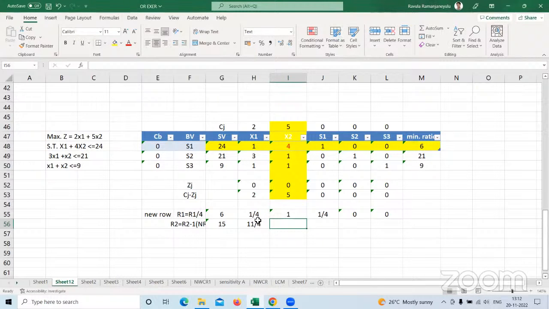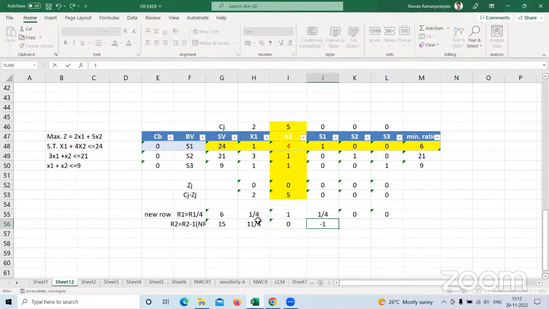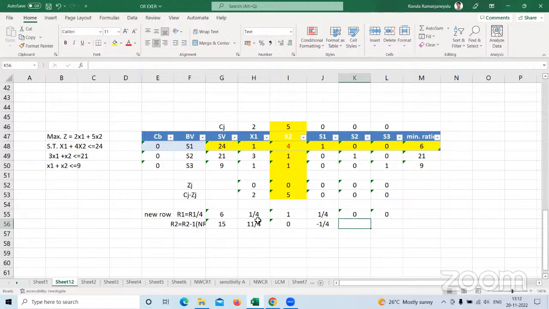Then 1 into 1 minus 0. Then 0 minus 1 by 4. Then 1.